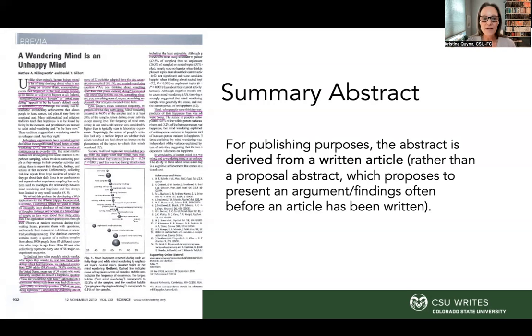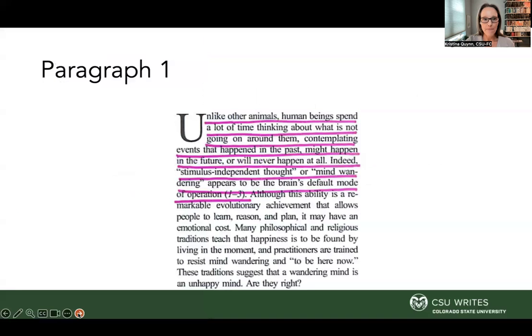So that's one of the reasons why we use it, and you'll see it more than once. Just know that. Which will also be helpful for you to see how things are put together. But for publishing purposes, that abstract is generally, mostly, derived from a written article, unlike a proposal, right, for work to be done in a proposal.